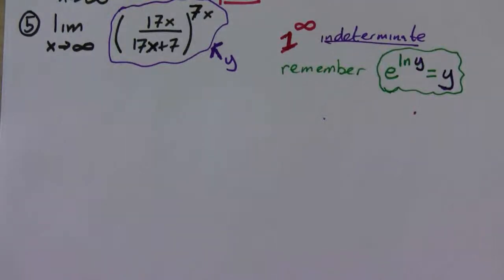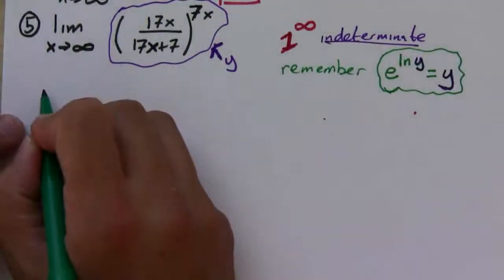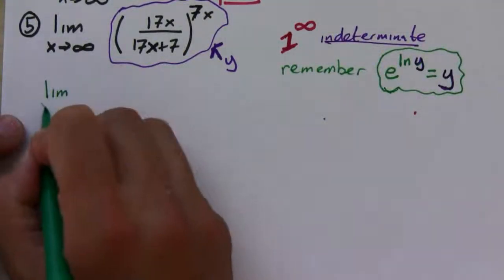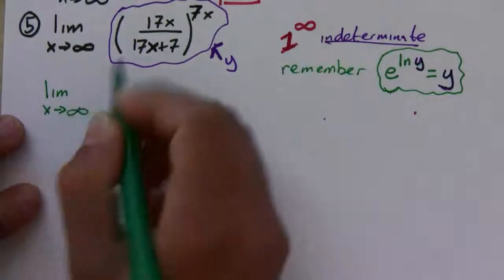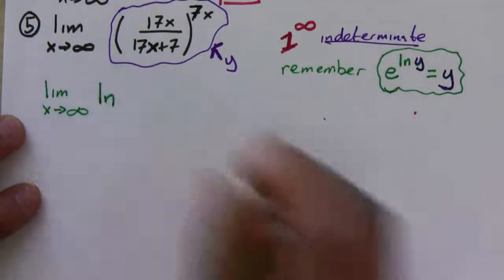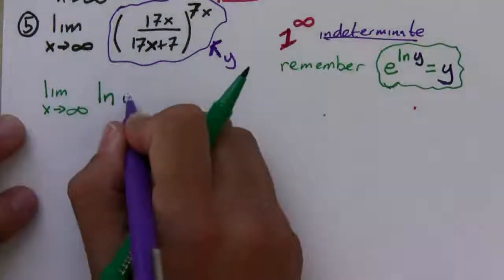This is sort of sidestepping, but we're going to get the limit as x goes to infinity of natural log of y.